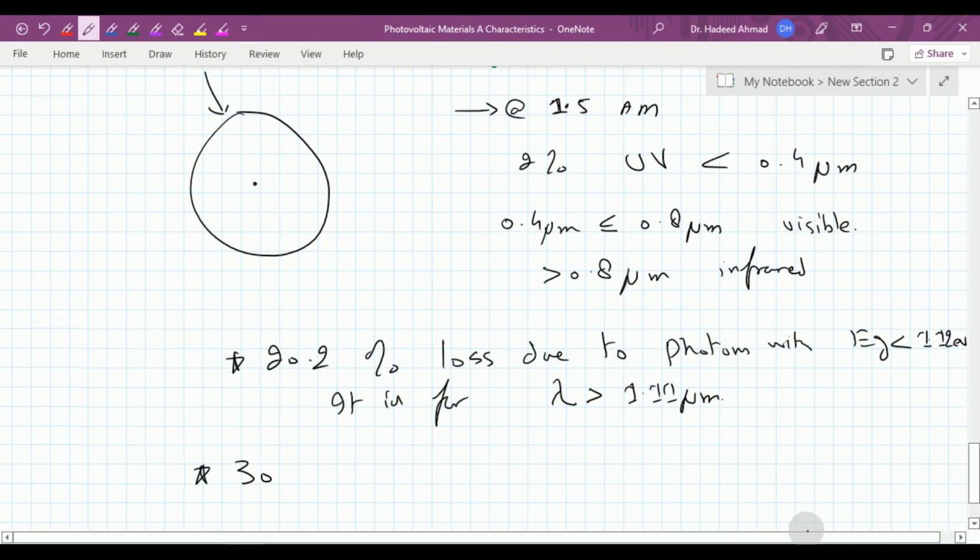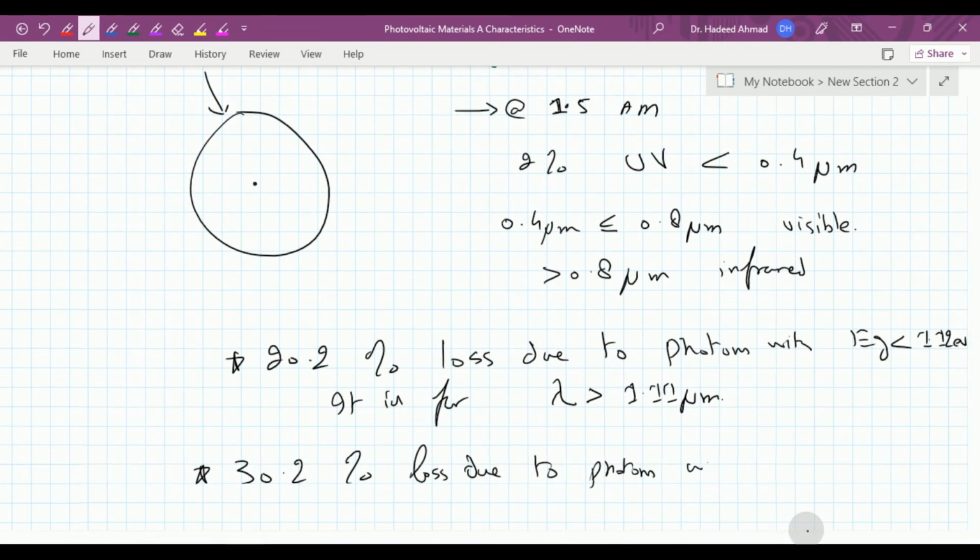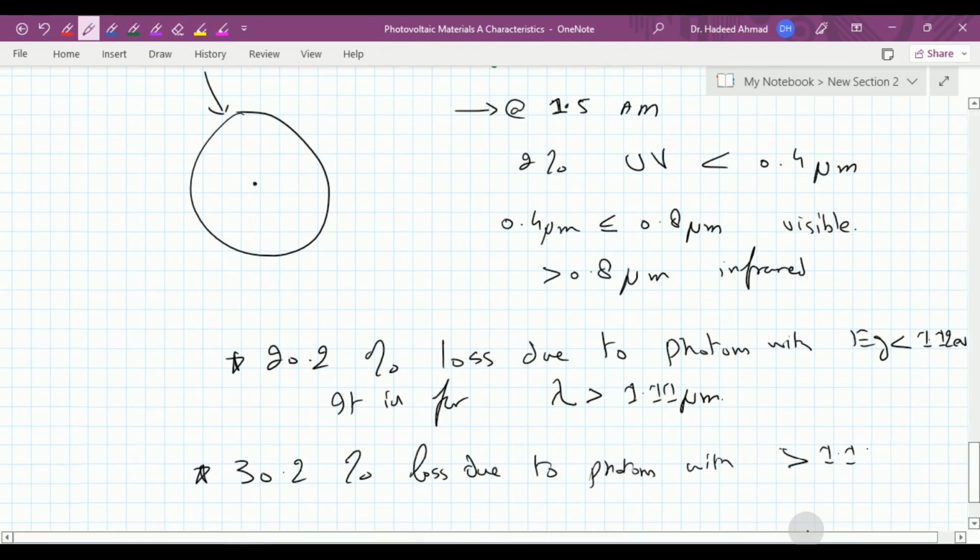Then we have 30.2% lost due to the photons with energy greater than the requirement of the silicon material.